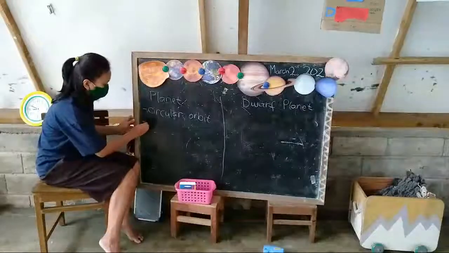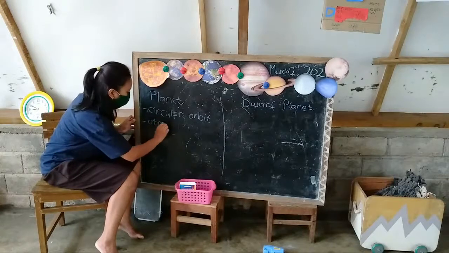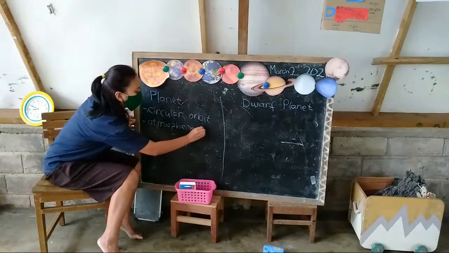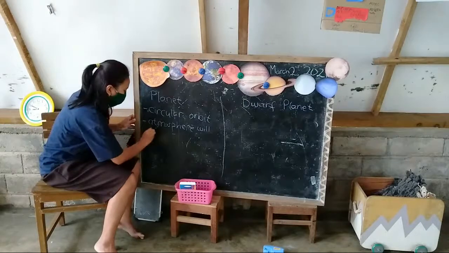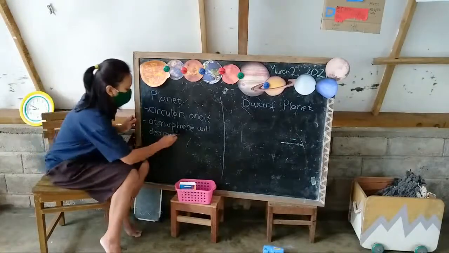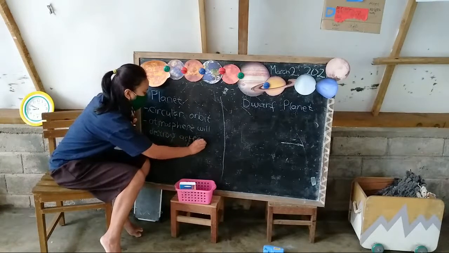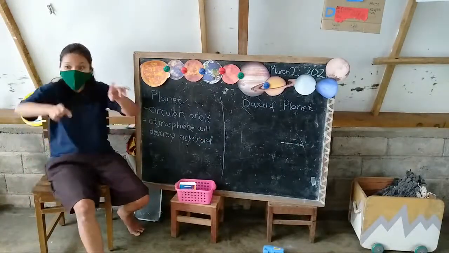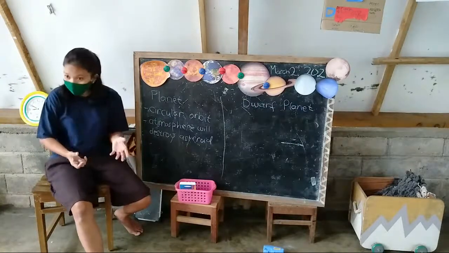So the atmosphere will destroy asteroids. Am I correct? Yes. So Earth's atmosphere will protect the Earth from asteroids, right?